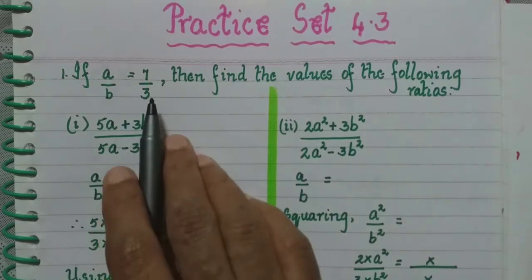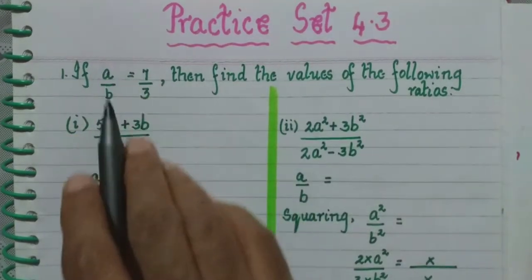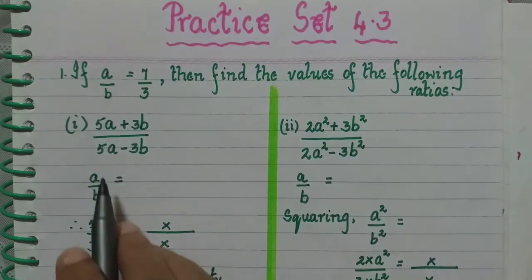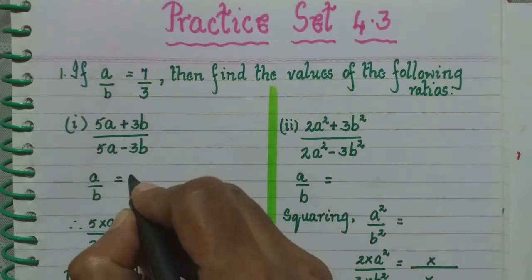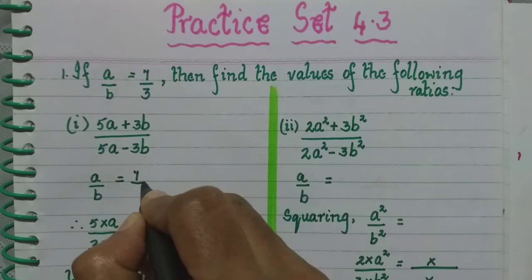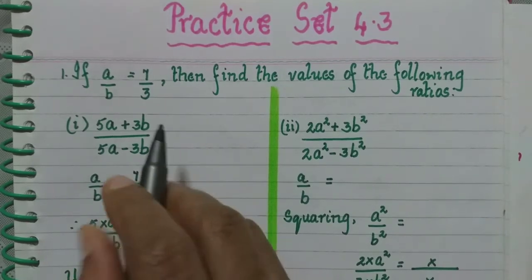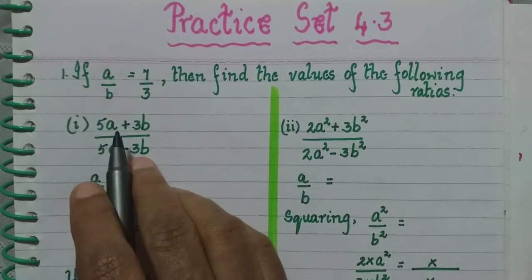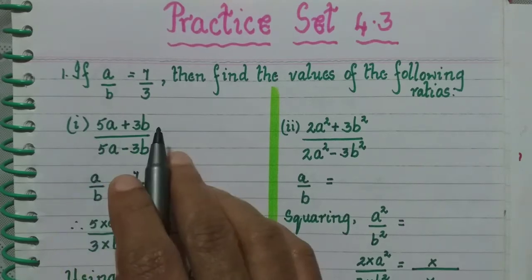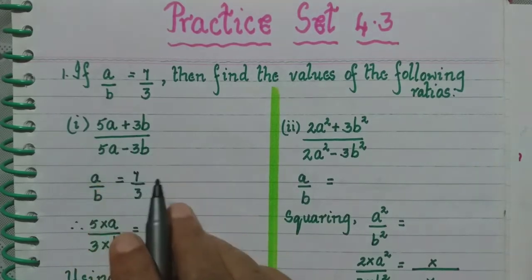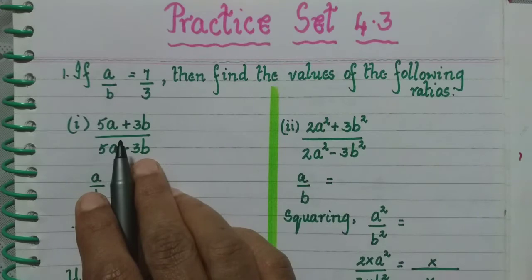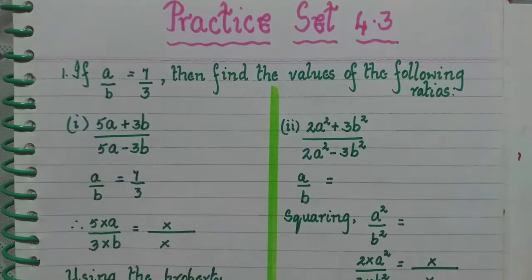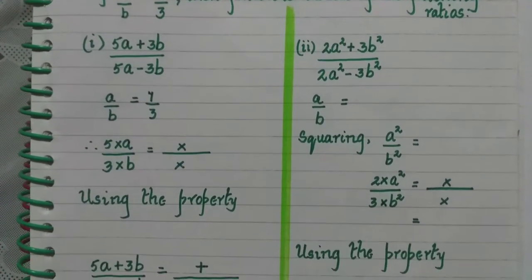So first we write what is given to us: a by b equals 7 upon 3. Now we try to get the coefficient of a as 5 and the coefficient of b as 3, so I have to find 5a upon 3b. Look at the next step.